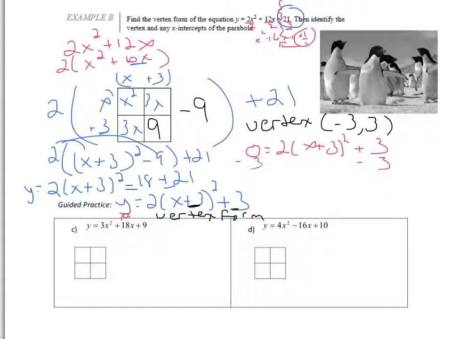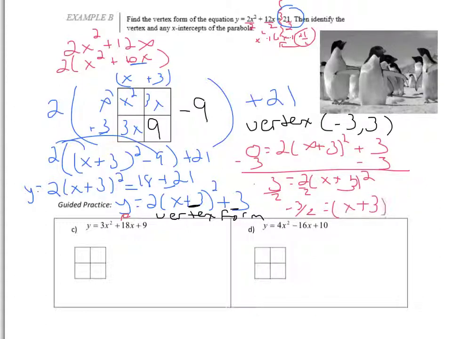Subtract 3 from both sides. We're going to do PEMDAS backwards. Negative 3 equals 2 times x plus 3 squared. And then we're going to divide by 2. And I get negative 3 halves equals x plus 3 quantity squared. And then our next step is to get rid of the exponent, so I square root, plus or minus.